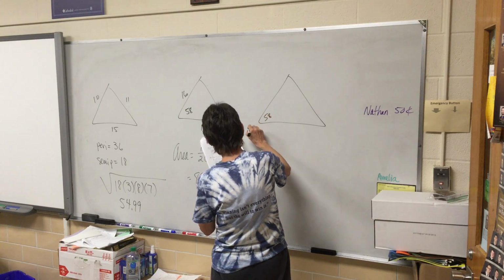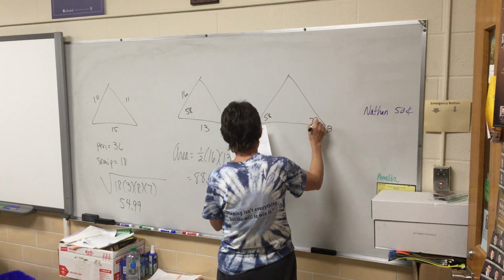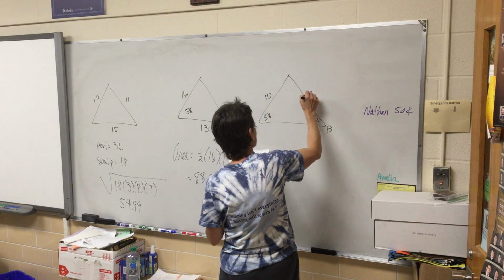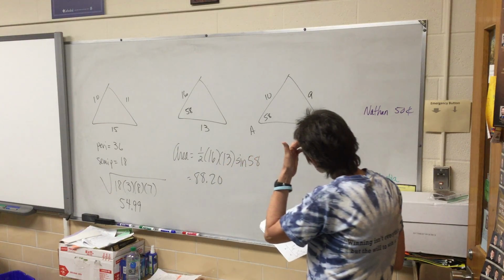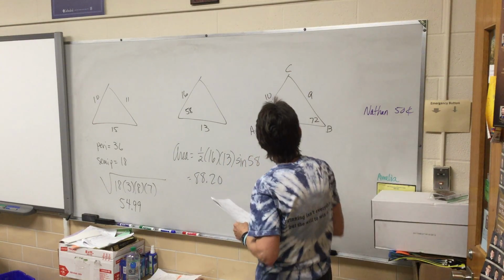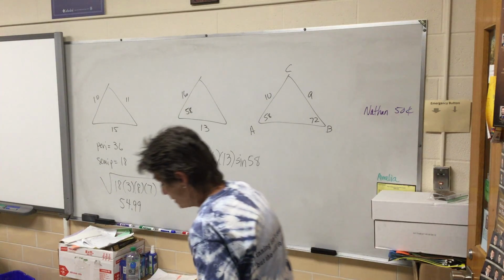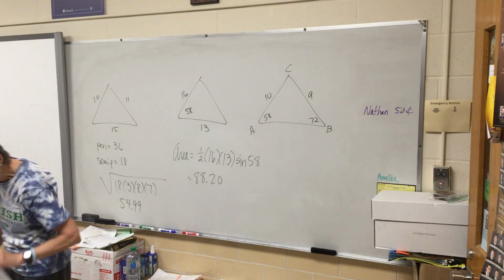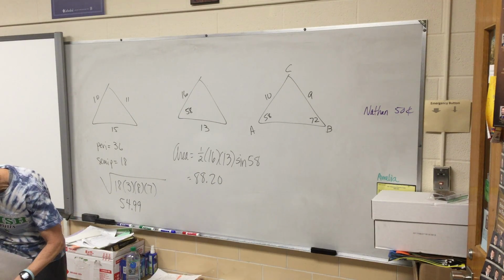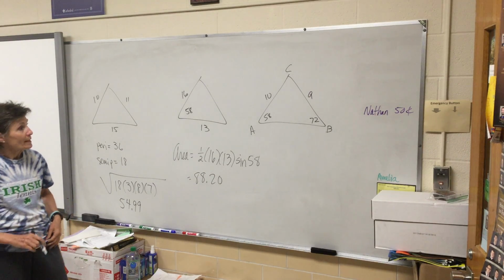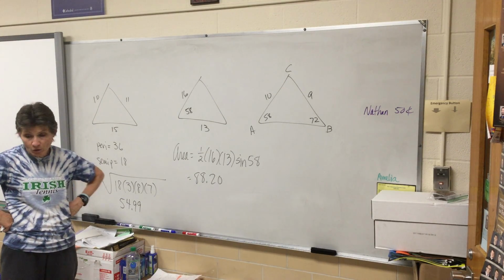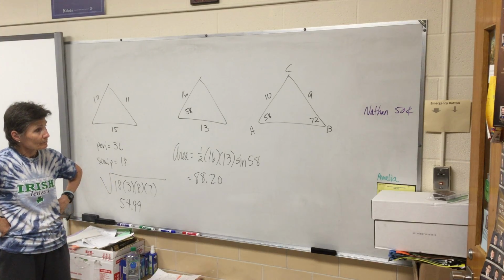Now, number 10 is similar, except it's not finding area, it's finding side A. So what we need to remember is that when we are finding sides or angles, we need to use either the law of sines or the law of cosines.